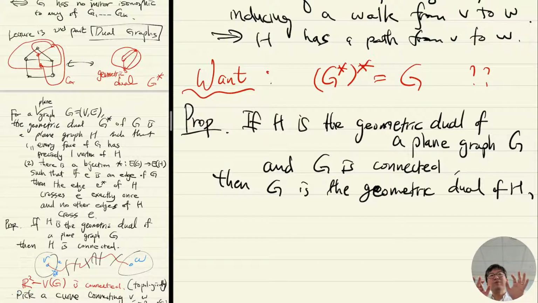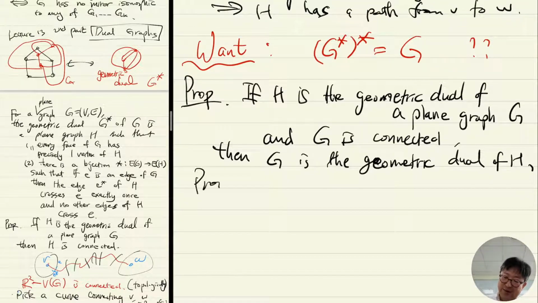So when you have two graphs, if H is the geometric dual of plane graph G and G is connected, then G is also the geometric dual of H. That's why we call it a dual. So how do we prove that?